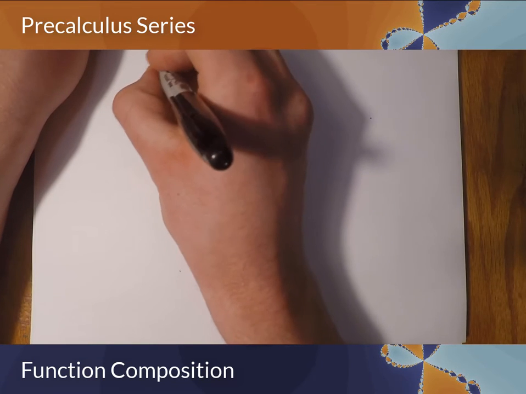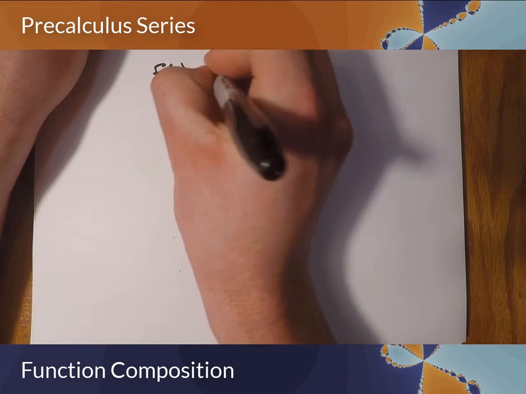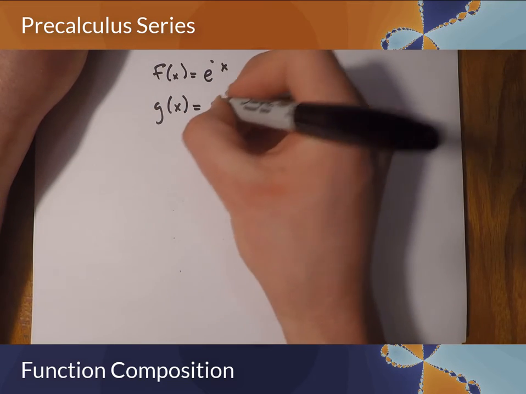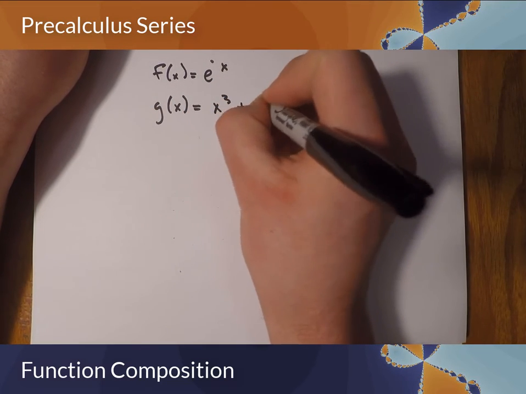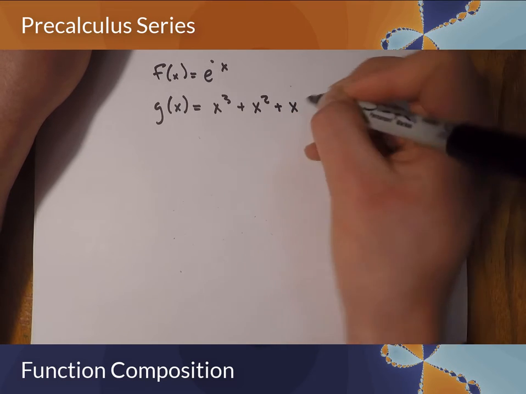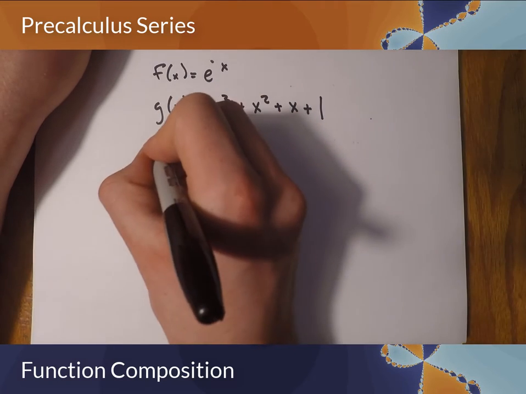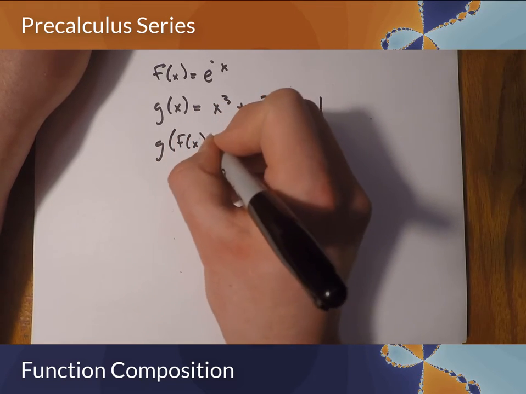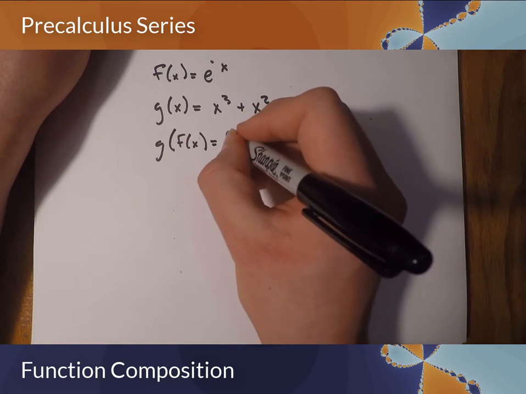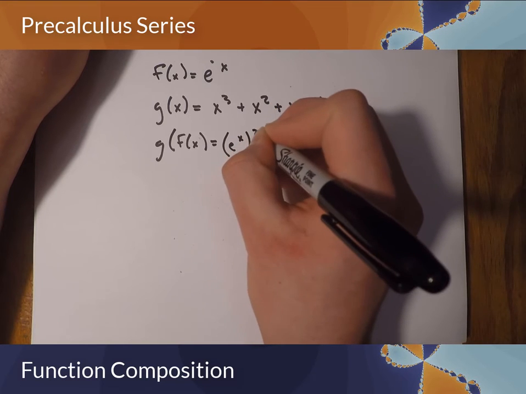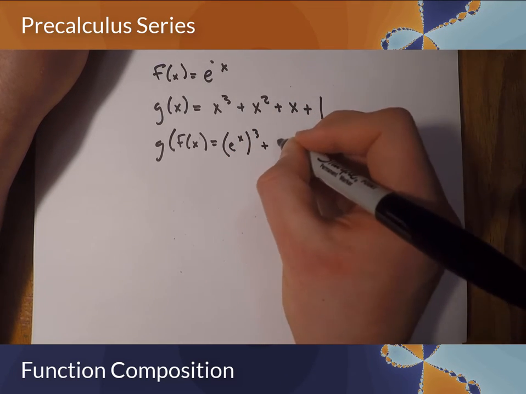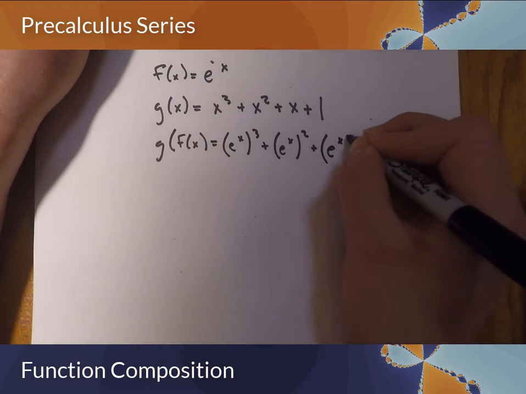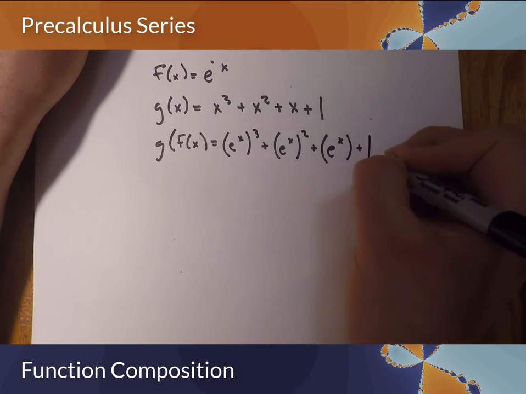So if I had f of x equal to e^x, for example, and I had g of x equal to x cubed plus x squared plus x plus 1, g of f of x would be equal to e^(3x) plus e^(2x) plus e^x plus 1.